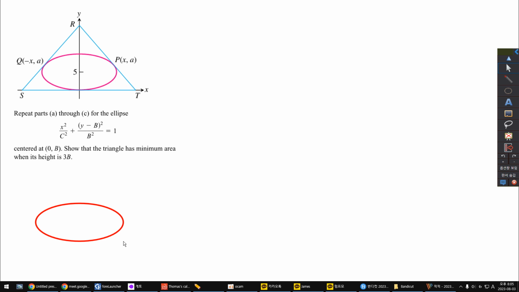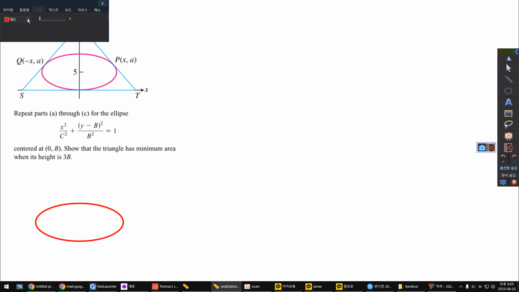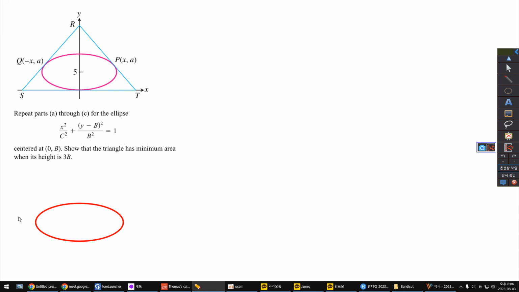When there is an ellipse like this, we can make a coordinate plane. And let's make a triangle circumscribing this ellipse.